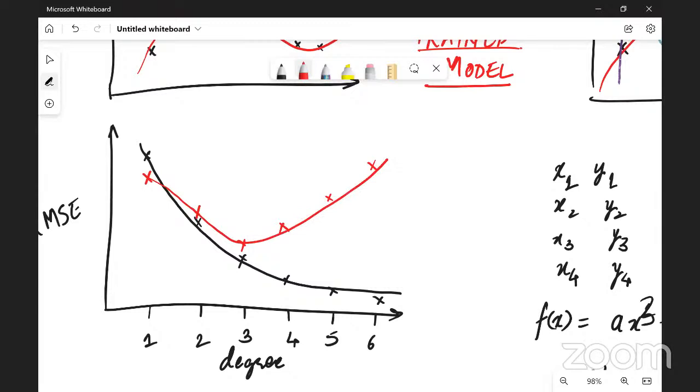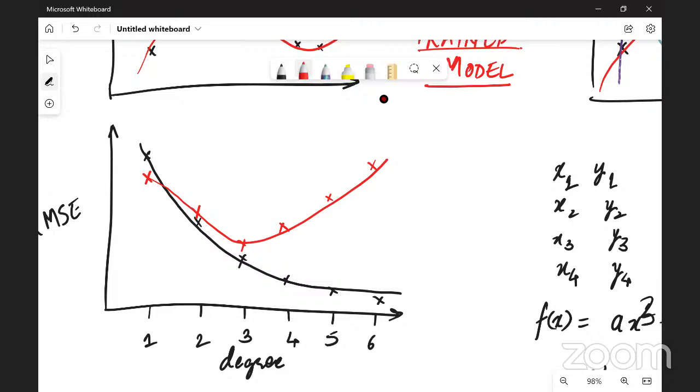So validation loss looks something like this. Now, whenever you are stuck in this kind of situation, and you are asked a question like, which degree of polynomial transformation is best for this data? Which one would you choose?